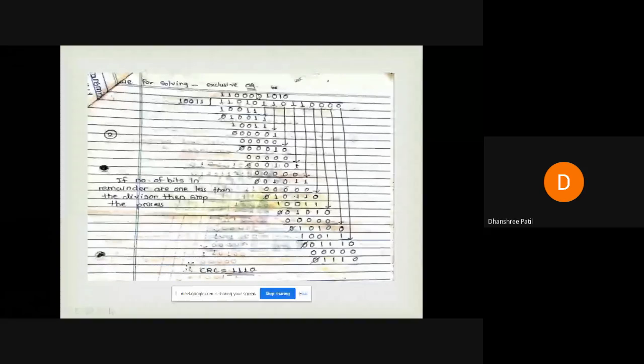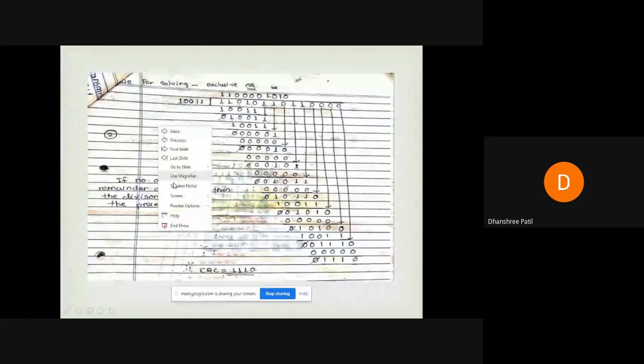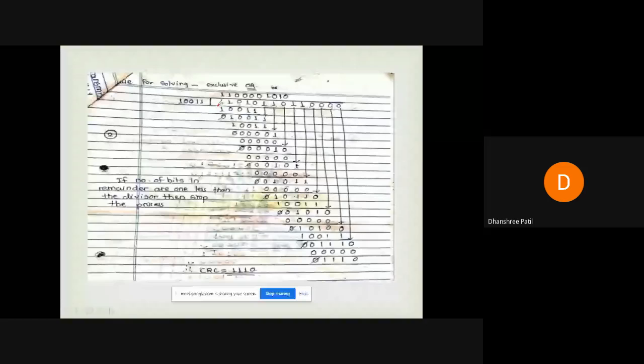As I told you, in exclusive OR, if the bits are the same the answer is 0, and if the bits are different the answer is 1. Okay, now see here. How many bits are there? There are 5 bits in the generator, so consider the first 5 bits of your data and divide that. Okay, 5 bits up to this. What is the first bit? It is 1. Okay, so it is again 1, so 1 into 10011, the value is 10011.